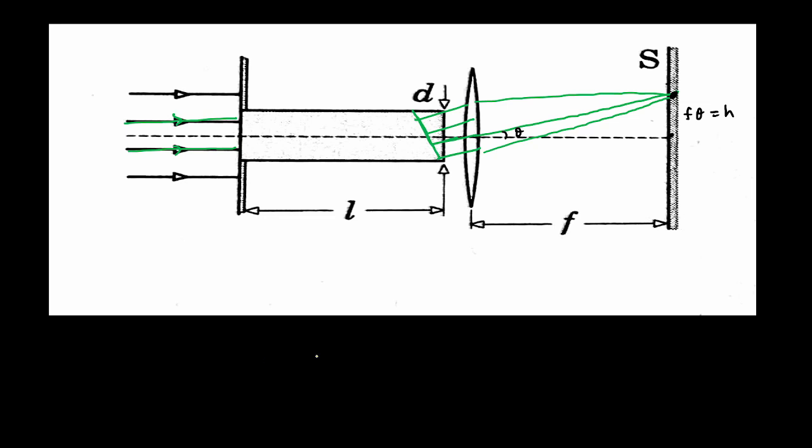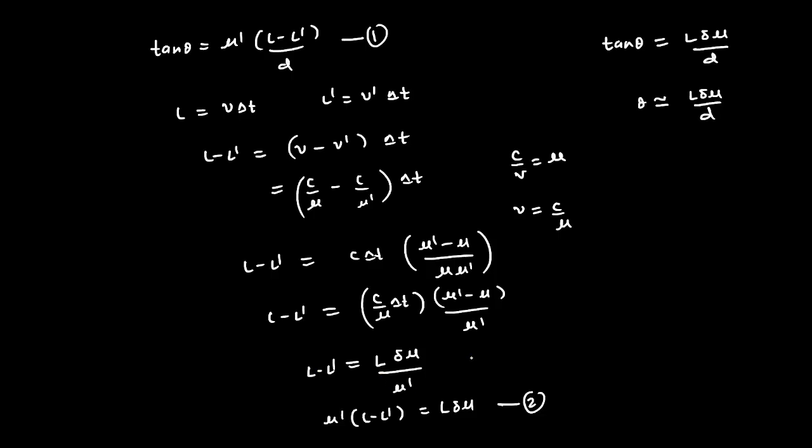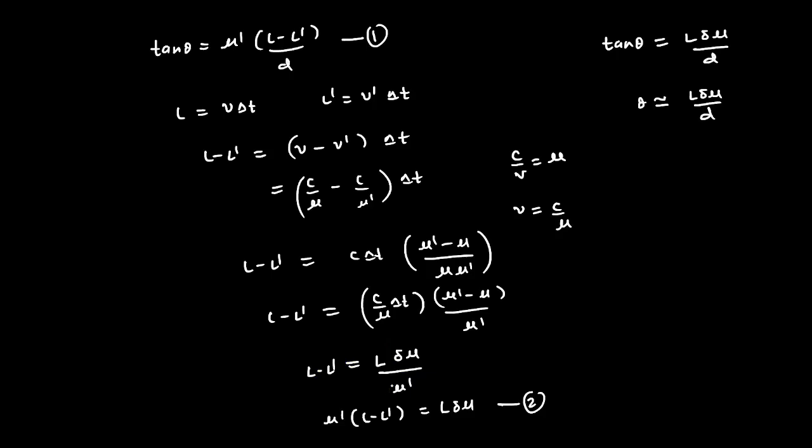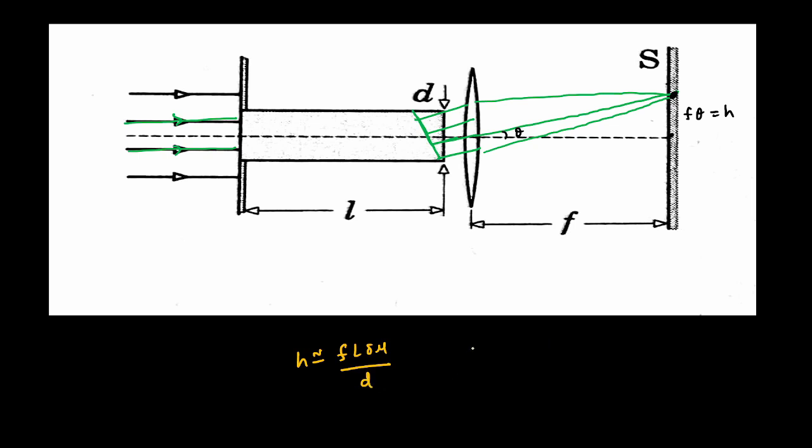So our required solution turns out to be that the height is approximately equal to the focal length times delta theta, or just theta, which is L delta mu by D. Now if we substitute the values: focal length is 20 centimeter, length is also 20 centimeter, delta mu is 2 into 10 power minus 4, divided by D as 4 centimeter.